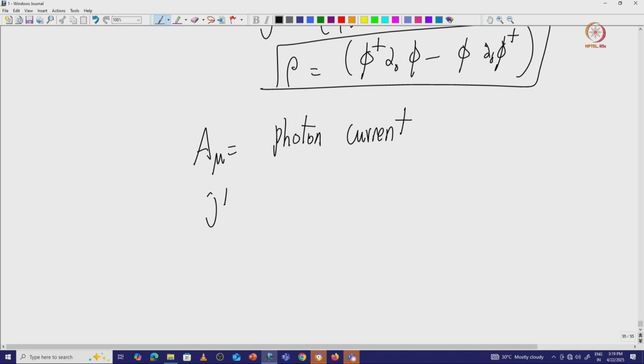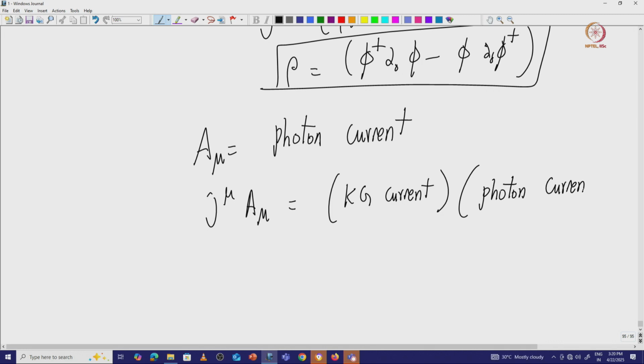So J mu A mu is nothing but the Klein-Gordon current coupling to the photon current. So when do particles couple? Essentially through current interaction, like in electromagnetic theory. So this is nothing but charge current and charge density in the relativistic setting.